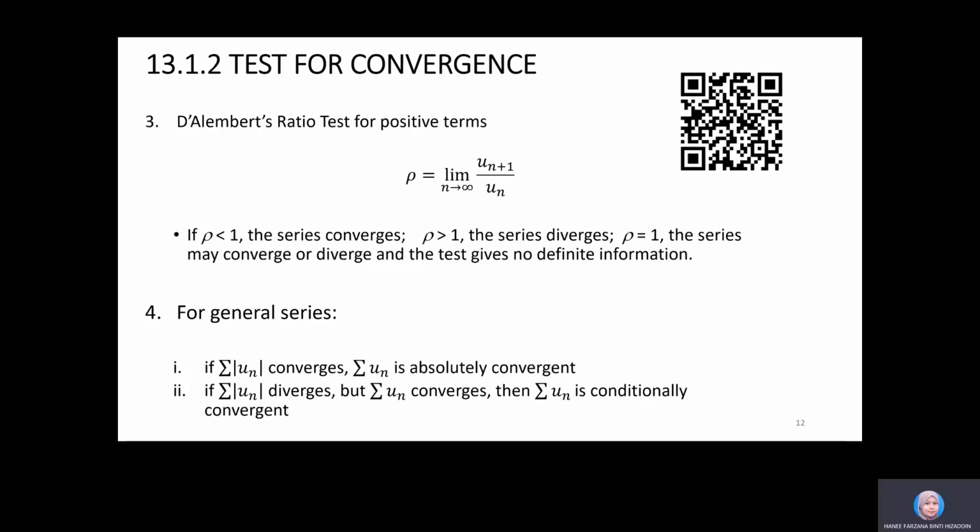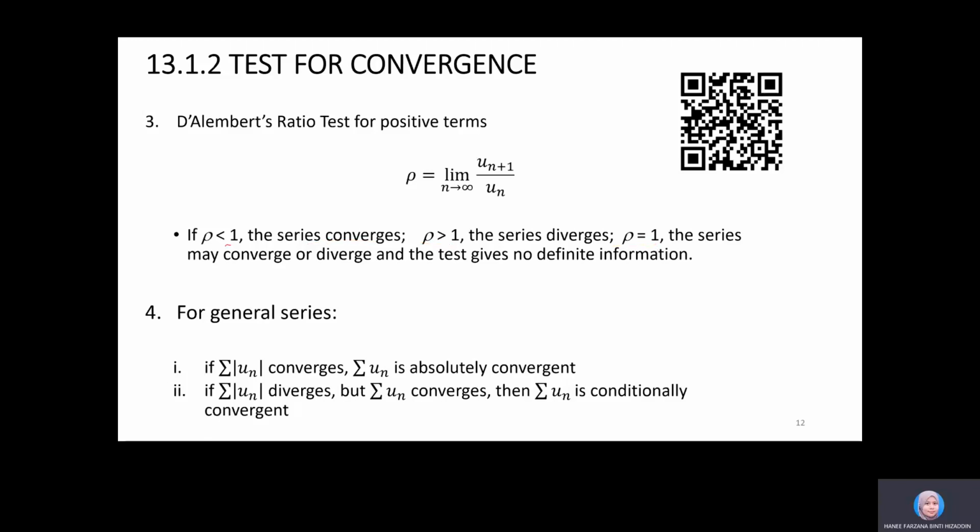If rho is less than 1, the series converges. If rho is greater than 1, the series diverges. But if rho equals 1, you can't conclude anything about the divergence or convergence of the series, so you have to use another method to determine the convergence of the series.